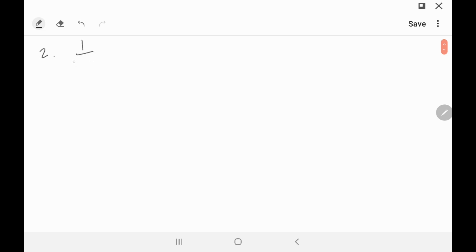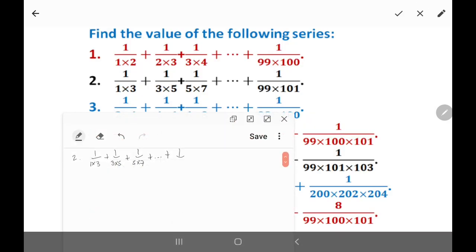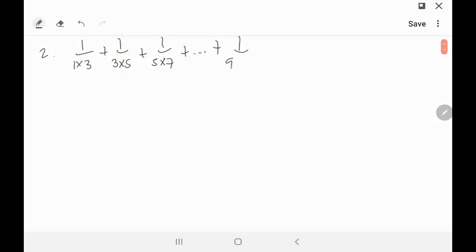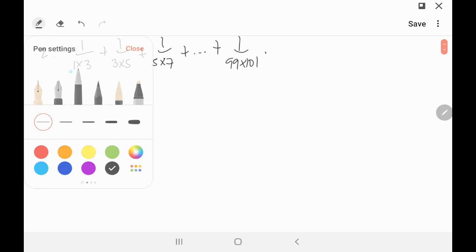Let's copy it again. 1 over 1 times 3 plus 1 over 3 times 5 plus 1 over 5 times 7 up to 1 over 99 times 101. So as you can see, our denominators are only odd positive integers, 1, 3, 3, 5, 5, 7, 99 to 101.